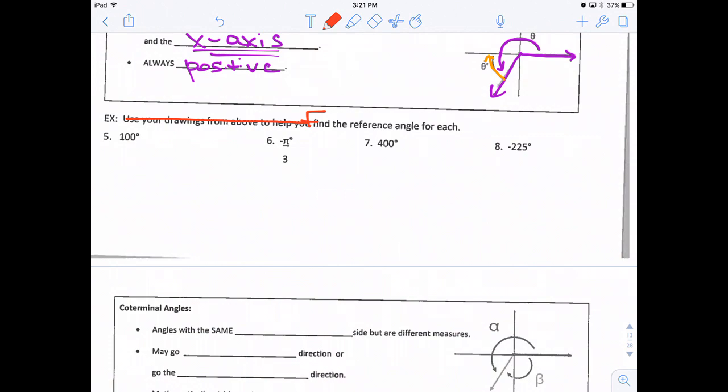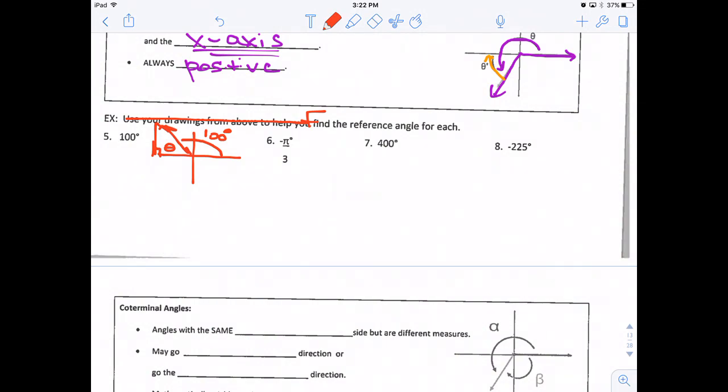I still draw. I know it says drawing up above, but I changed the words here. So I'm going to first draw in my 100 degrees, which is about right there. If this is 100 degrees right here, I need to find this angle right here. You'll notice I even create right triangles because that's what we're eventually going to do.